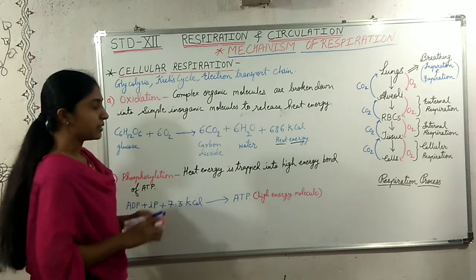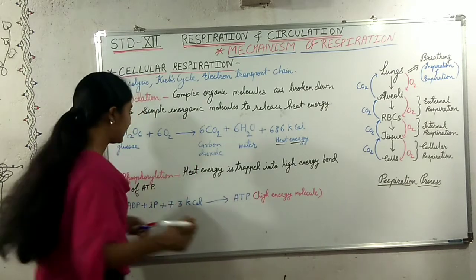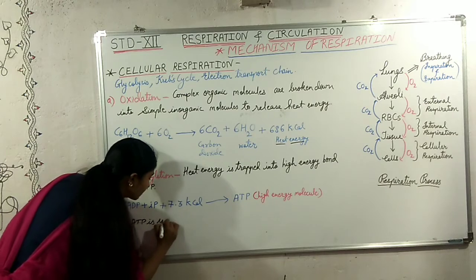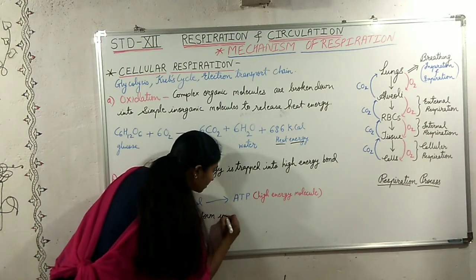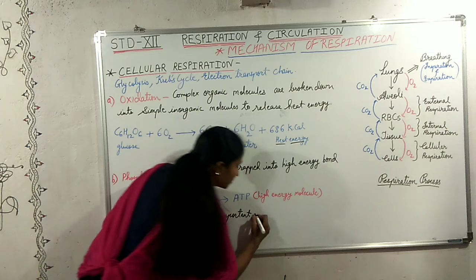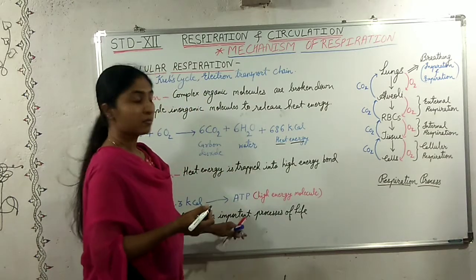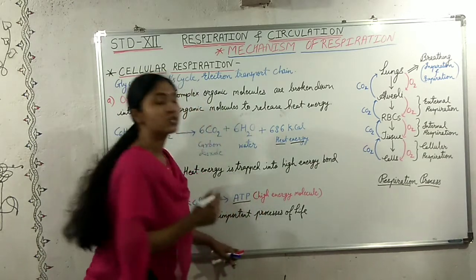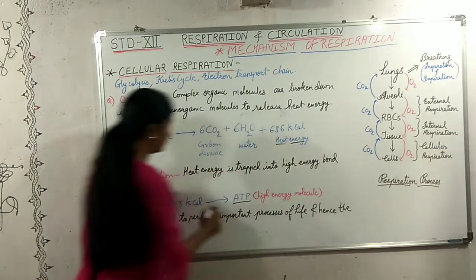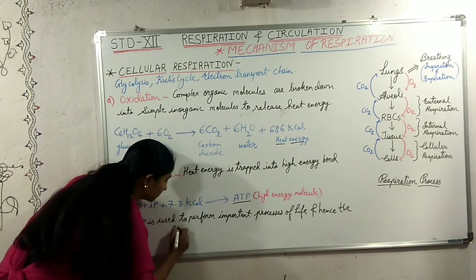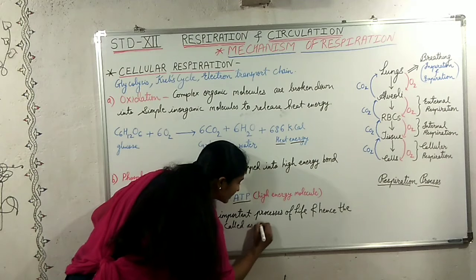So this ATP is used to perform the most important processes of life, and that is why this ATP molecule is called the energy currency.